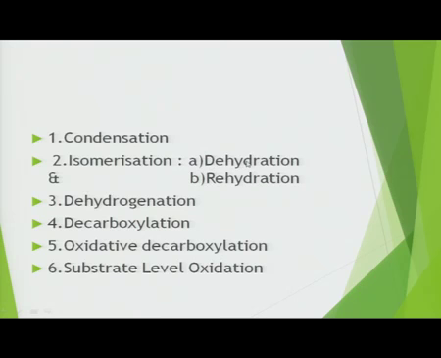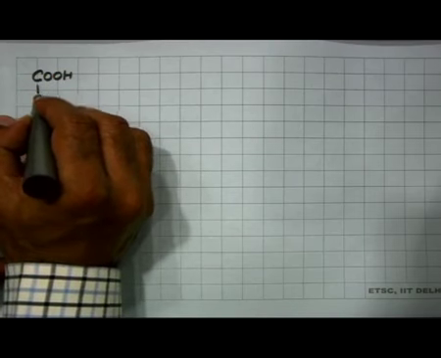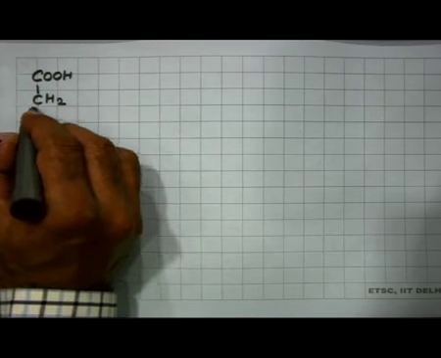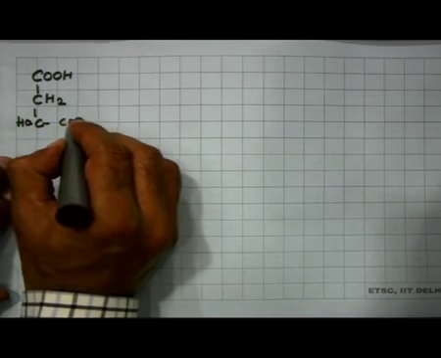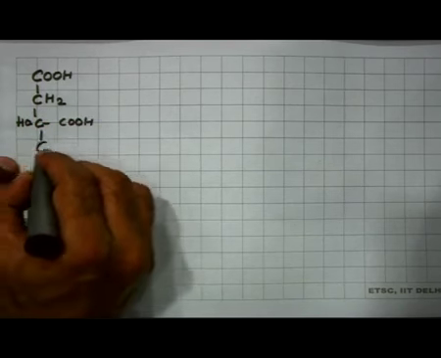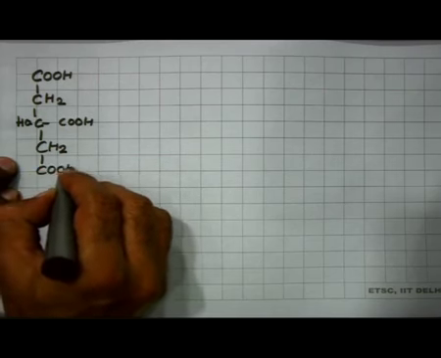In the dehydration process, the citric acid, which is the condensation product, has this structure: COOH, CH2, and COOH.